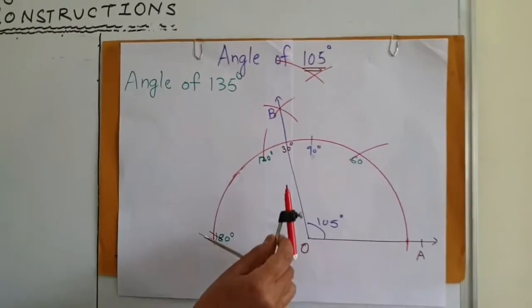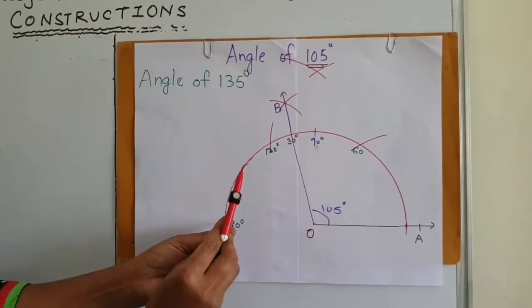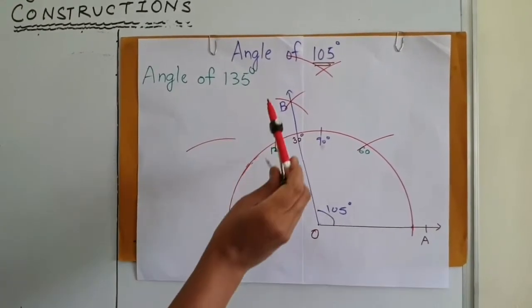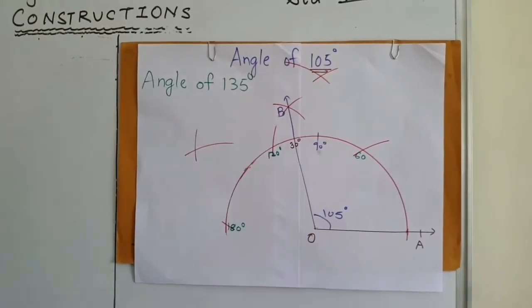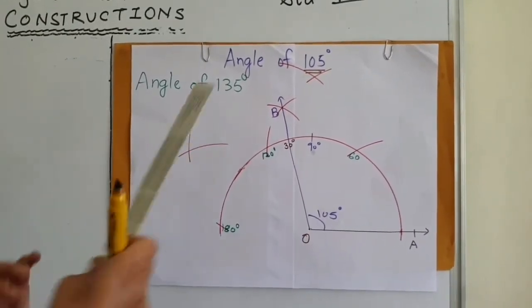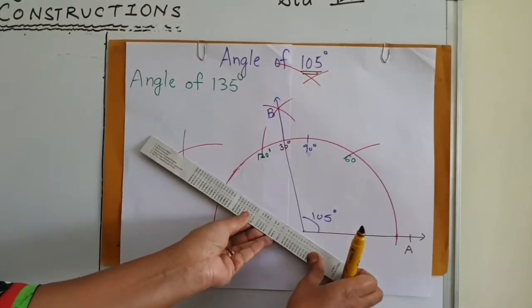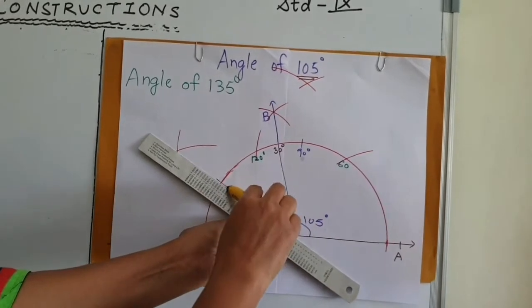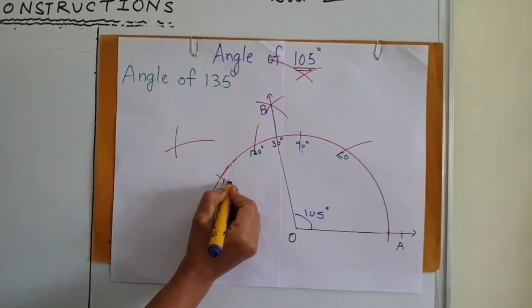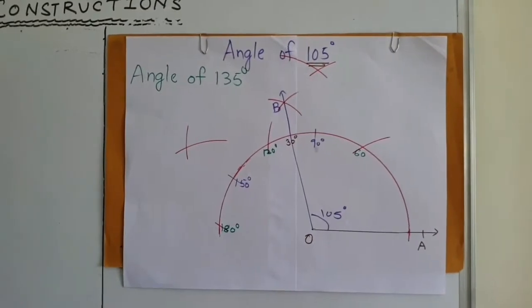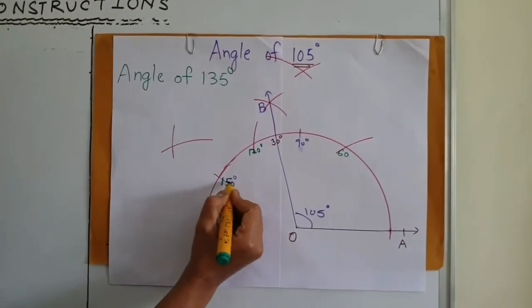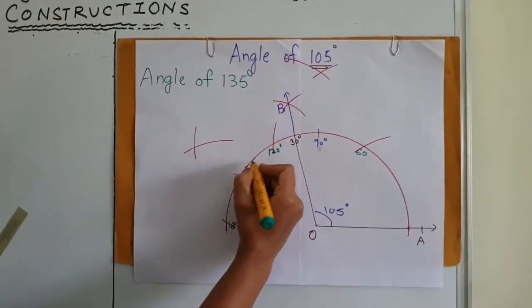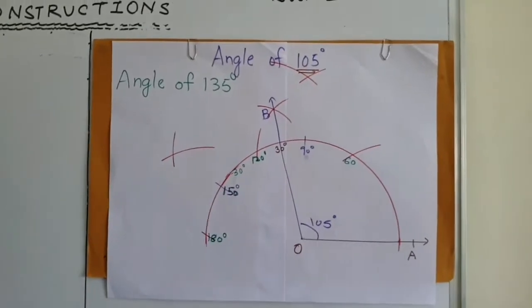Now 120 and 180, half of that is from point O to the intersecting point, which will intersect this arc at 150 degree, and then this is 150 degree. The difference between 150 and 120 is 30 degree. Half of this will give us 15 degree.